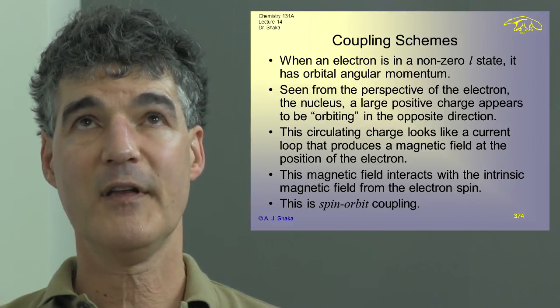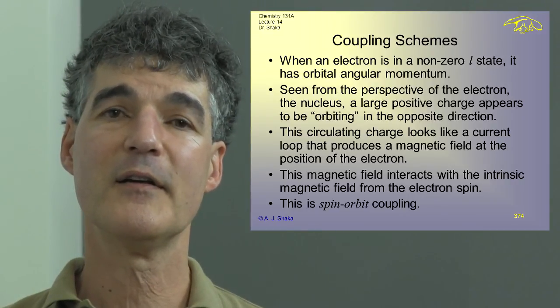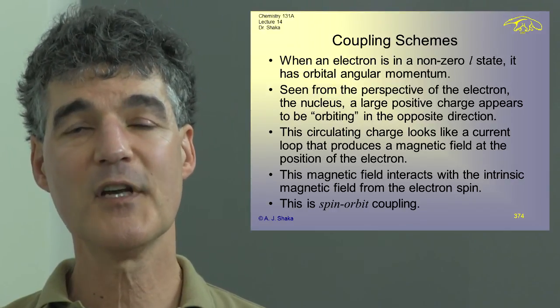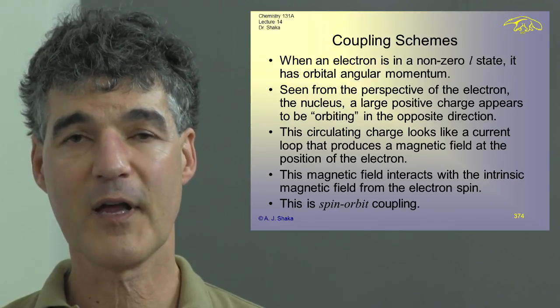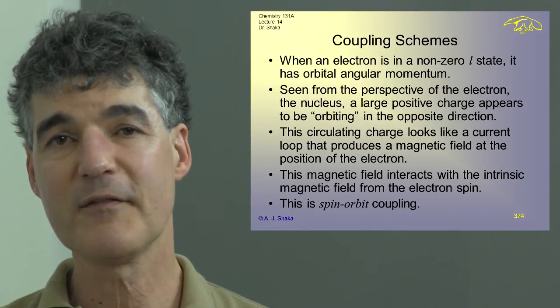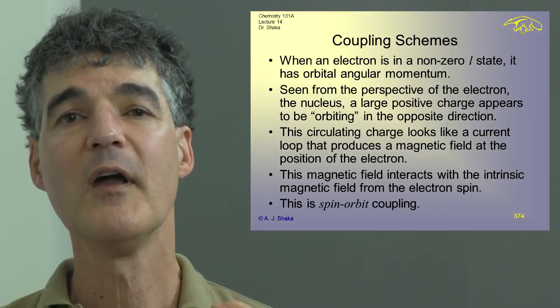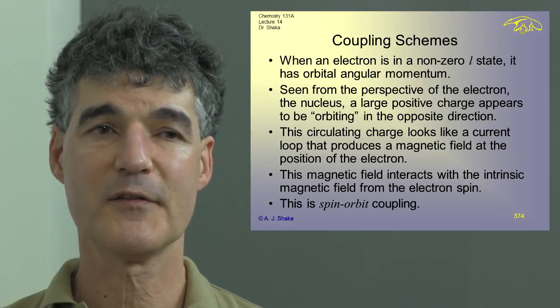In order to talk this through, we'll have to assume a kind of classical model of the atom, but this is just a heuristic way to look at what's going on. We don't actually believe that something's orbiting around. But anyway, if L is not equal to 0, we can think that something is orbiting around in some sense.